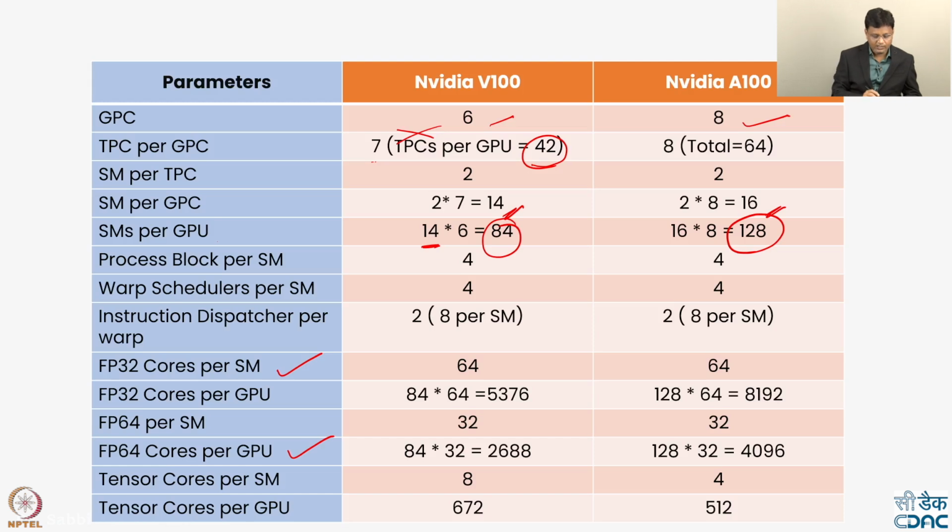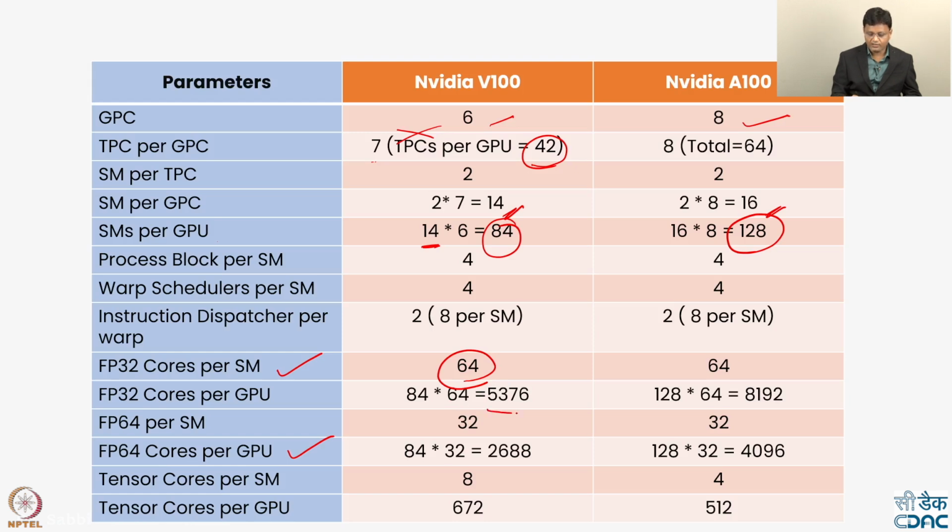So I will directly focus on this part: FP32 cores per SM. I have 64 FP32 compute cores present per SM. The number is the same for both GPUs, but the count of SMs is 84 in V100 and 128 in A100.